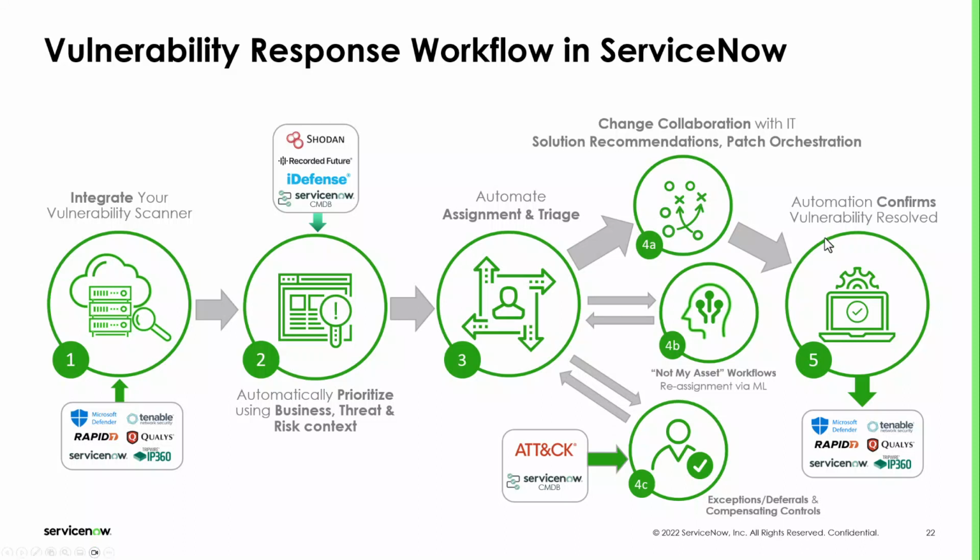Once those actions have been taken, the Now platform automation confirms that those vulnerabilities have been resolved and sends that information back to your vulnerability scanners. So they're also working with the most up-to-date information, and in turn, future reviews by your vulnerability teams are using the latest picture of your network.